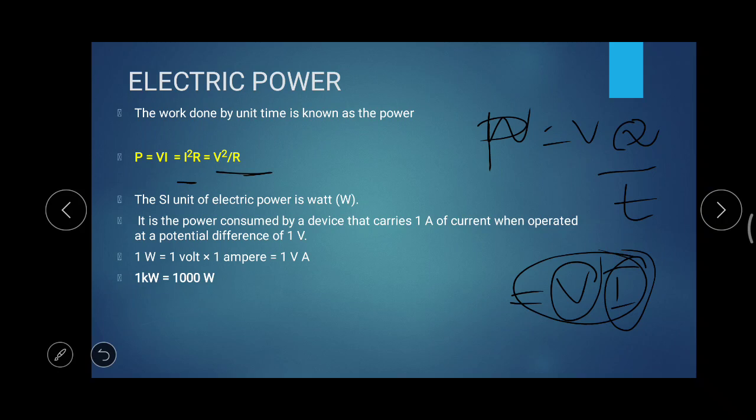So there are various equations for power. The first one is VI, which is equal to power, I square R, which is equal to power, and V square by R, which is also equal to power.